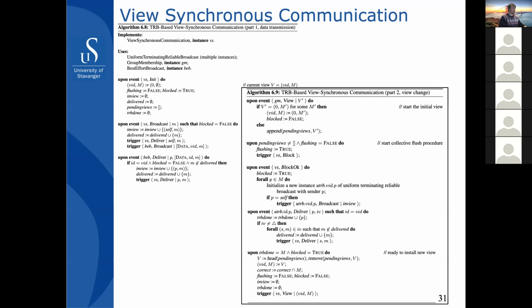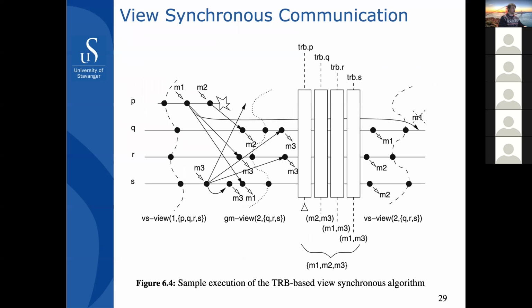One thing to keep in mind is that you have two phases here. The first phase is where everyone is allowed to broadcast, so you see different processes broadcasting different messages. Then the next phase is the block phase, or they call it view change, I guess.